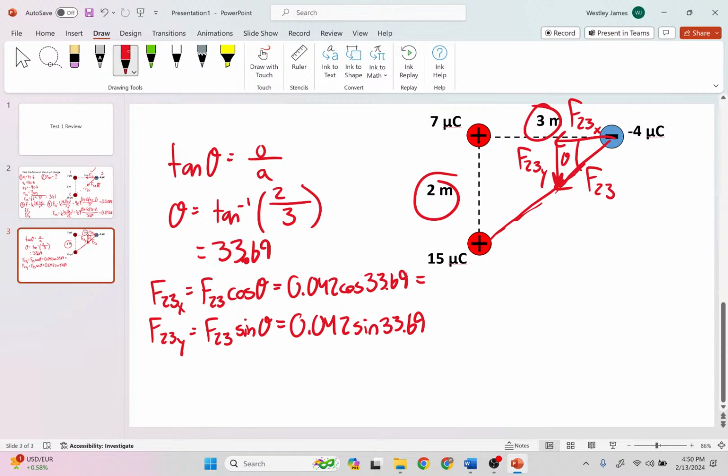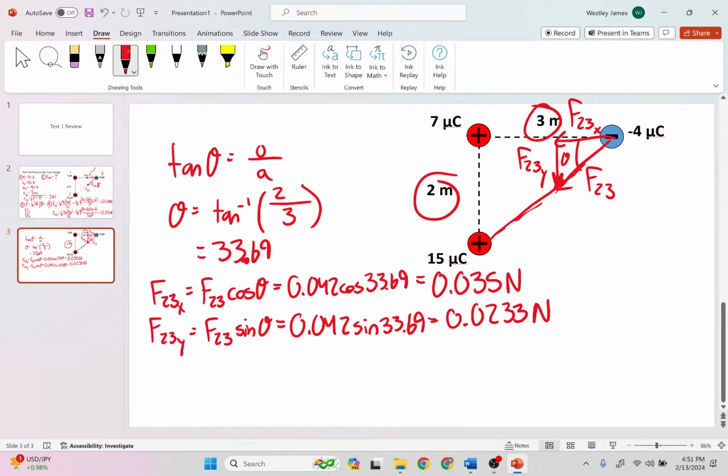And that equals these values. Make certain your calculators are in degrees mode on the test. It'll be very sad if your calculator's in radians mode. All right, 0.042 times sine of 33.69 equals 0.0233.